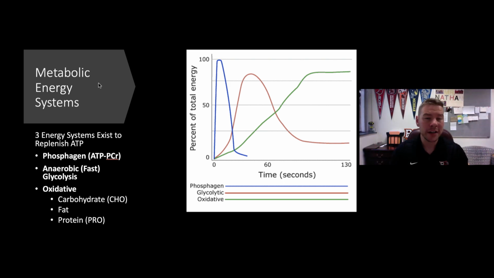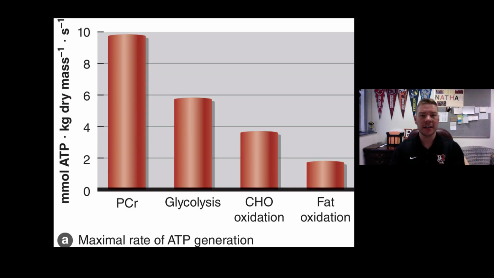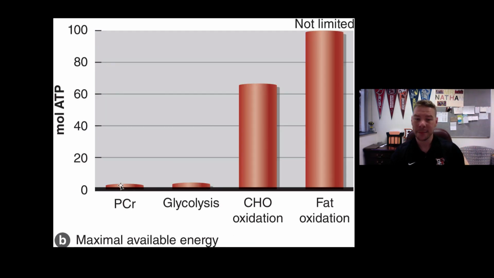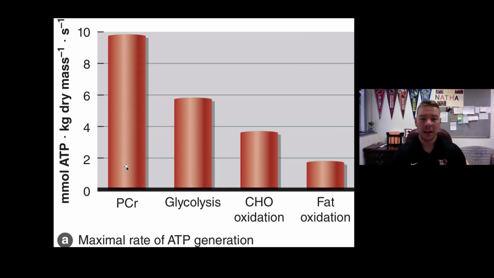Now, what I also want to remind you of is, don't forget, in the beginning of the semester, I showed you these graphs. This one is the rate of ATP generation. You can see that the phosphocreatine system is really quick. However, its capacity is very low. It doesn't last very long.